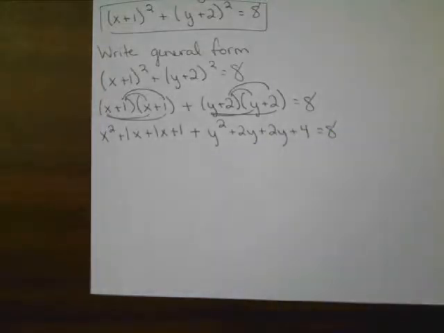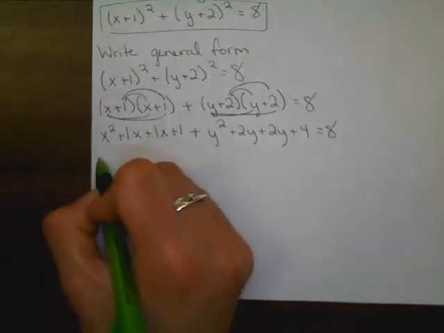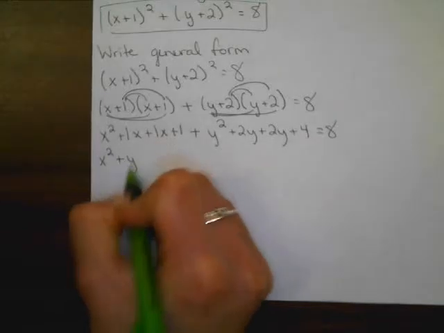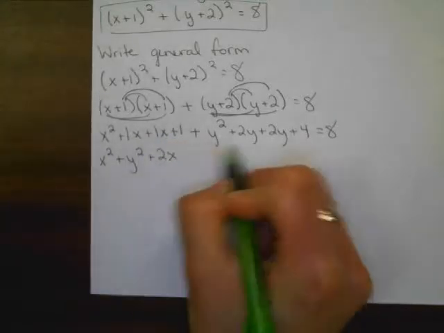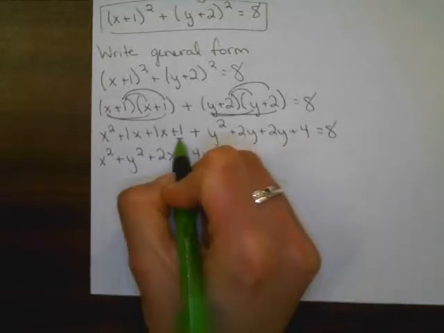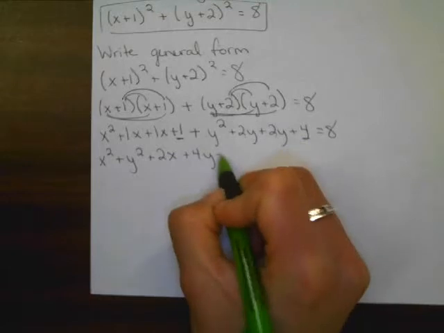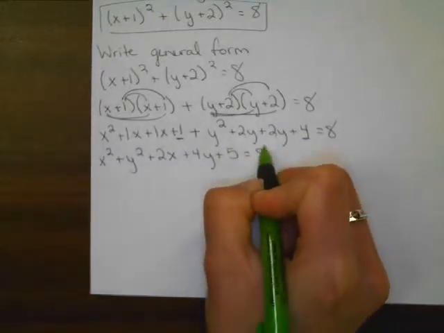So now we just simplify. Combine my like terms. I have x squared and y squared. Those are left alone. 1x plus 1x makes 2x. 2y plus 2y makes 4y. And I have this 1 and this 4 here, so that's going to make 5. And all that's equal to 8.